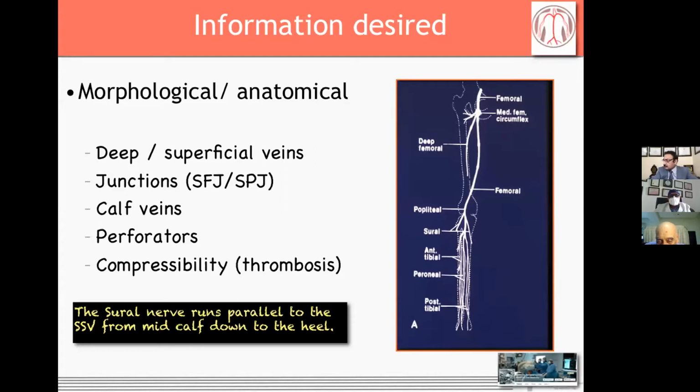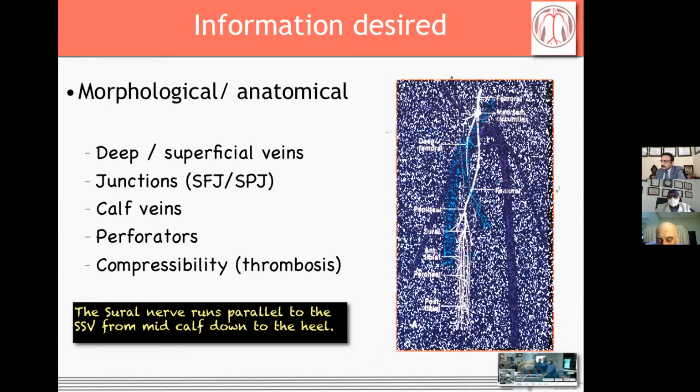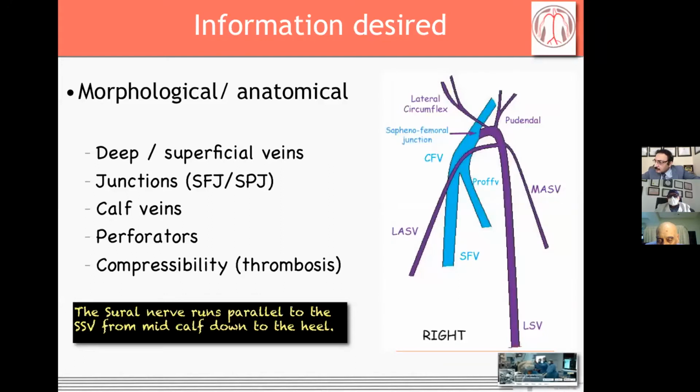While doing this, you can evaluate the arterial system simultaneously. Remember the nerves when you are an operating interventionist doing a varicose vein procedure.